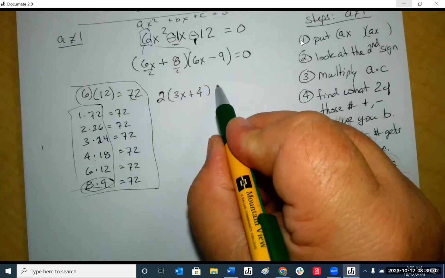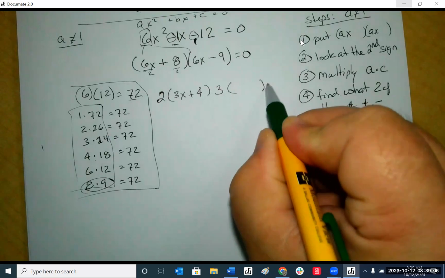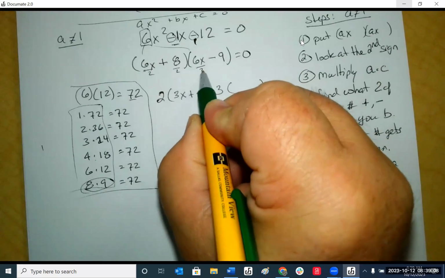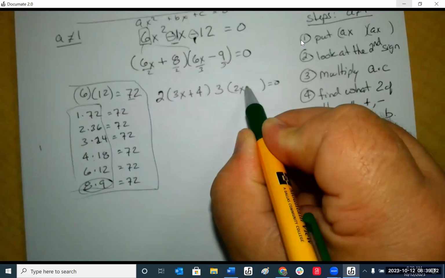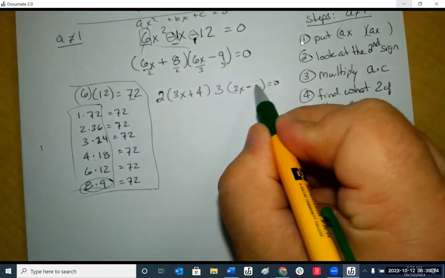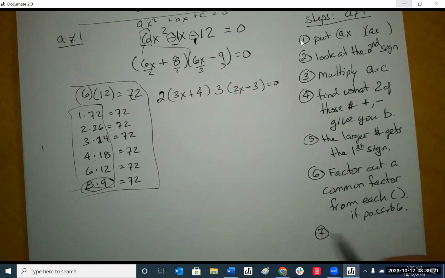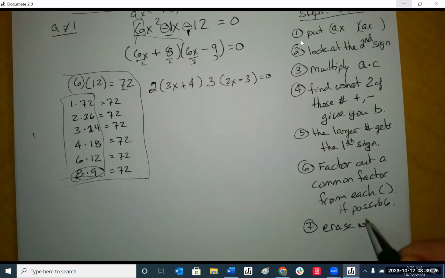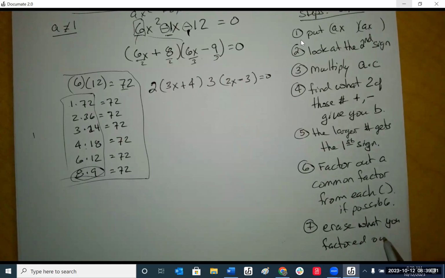6 and 9. They both have a 3 in common. So I divide those. 6 divided by 3 is 2x. Minus 9 divided by 3 is 3. Erase what you factored out.